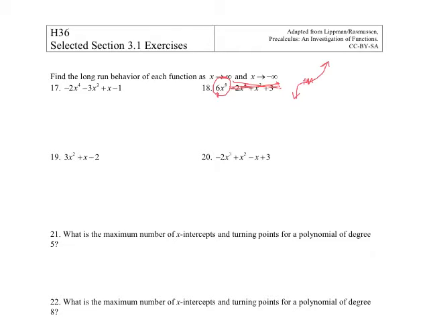But the end behavior is the same, so as x goes to infinity, f of x also goes to infinity. So as we go to the right, our function increases, and as x goes to -infinity, our function goes to -infinity as well.